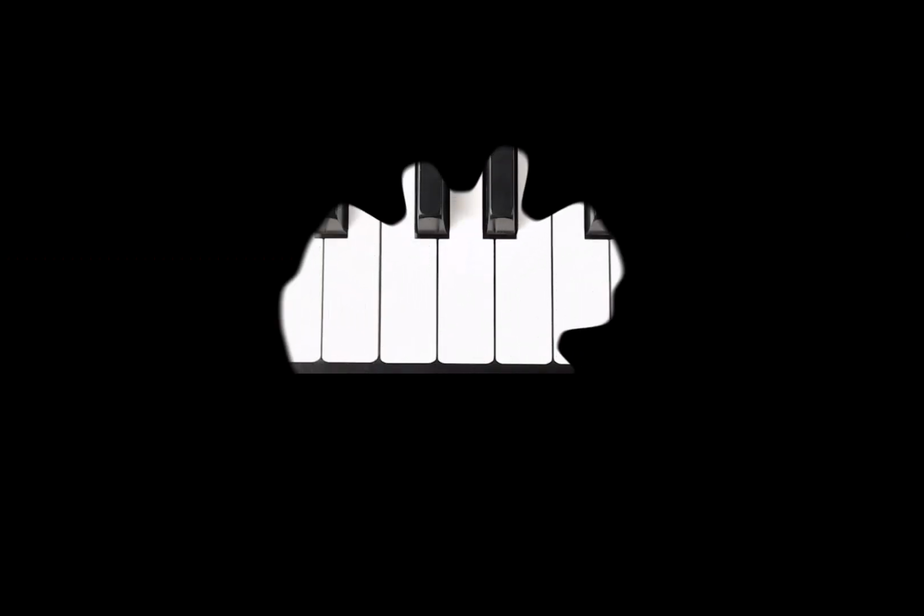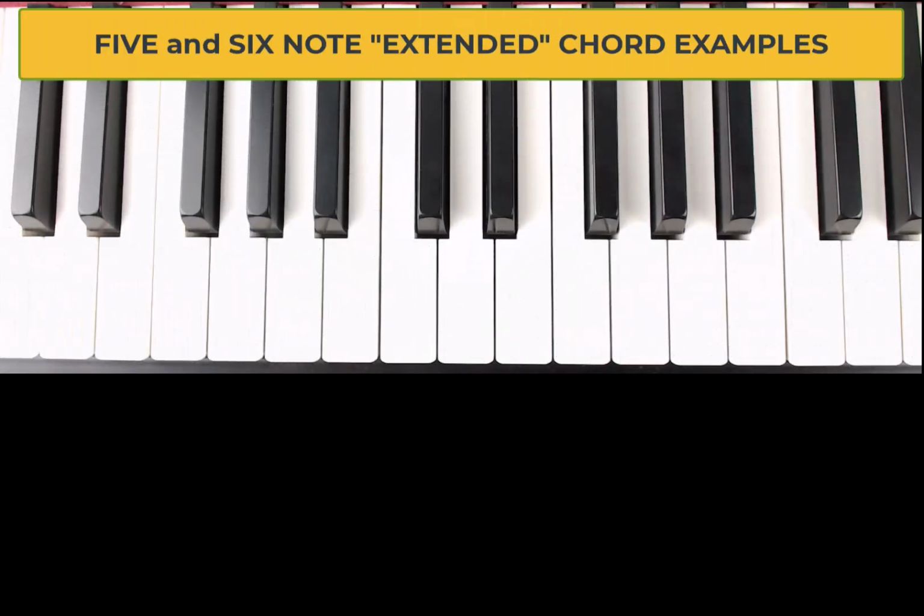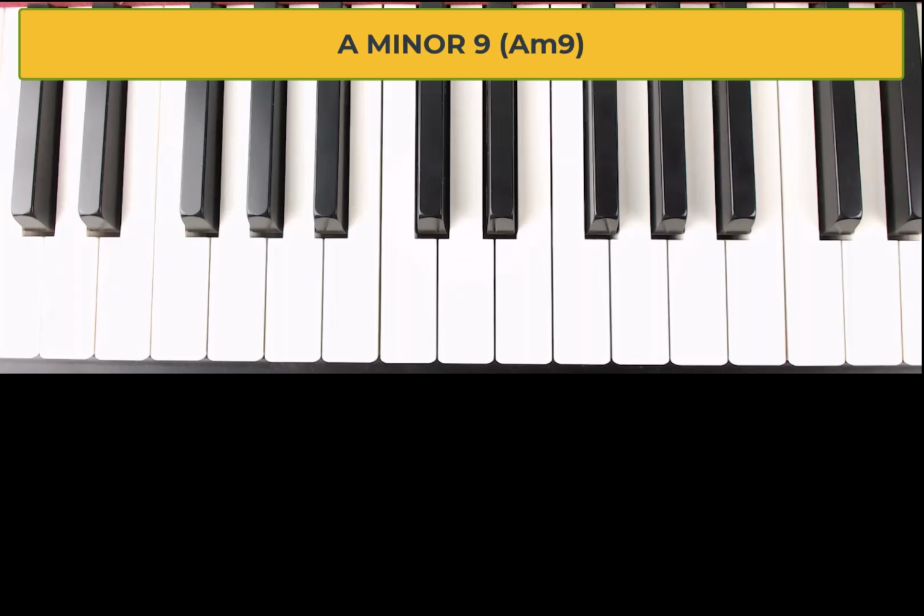And now here are the 5 and 6 note extended chord examples we saw earlier. I want you to notice how the flat 7 and the 7 notes are included as just mentioned, and how the minor third and the major third note interval patterns are being used. Let's start with the 5 note A minor 9th that we saw earlier.